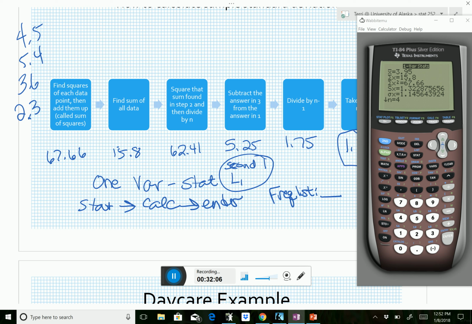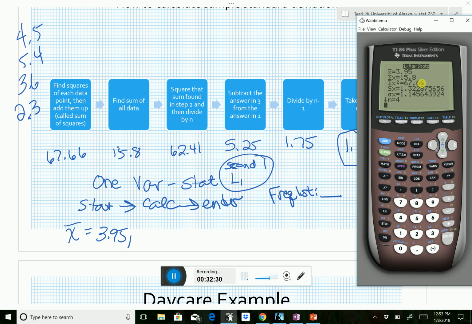And look what this does for me. This gives me my x bar, which is 3.95. It gives me the sum of the data right here, which is 15.8. It gives me the sum of the squares, which was 67.66. Notice where it says Sx, 1.32.